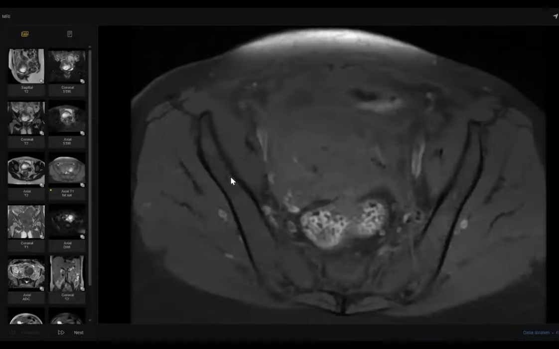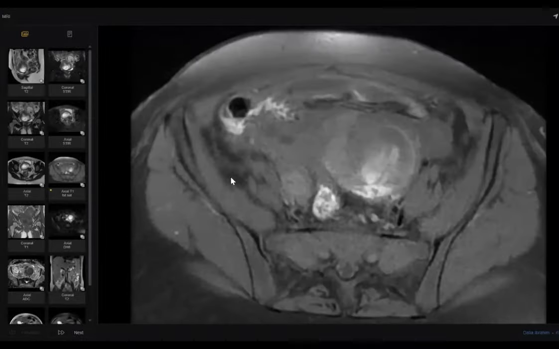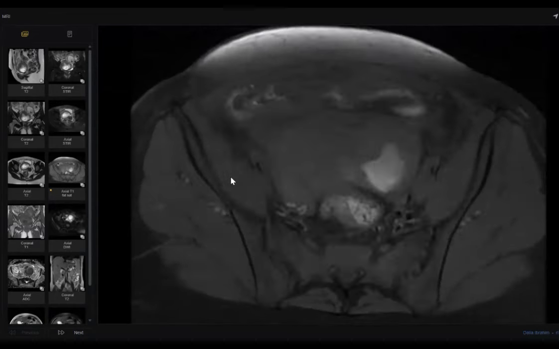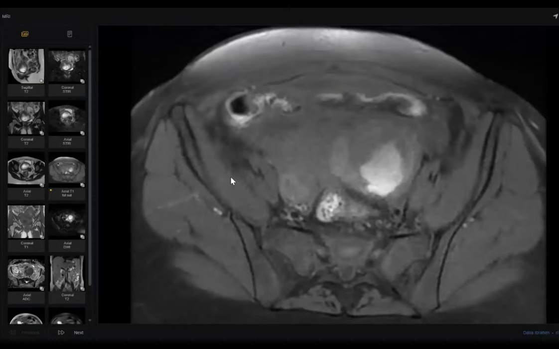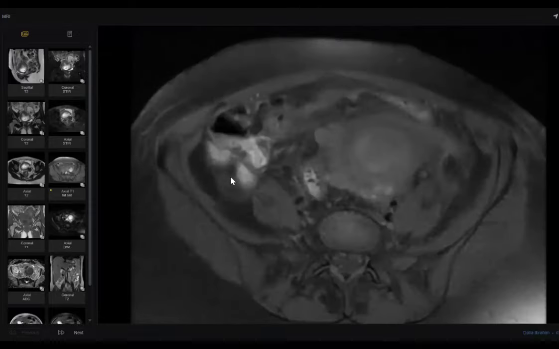So the previously seen cystic lesion in the ovary appears to be high in T1. So it's probably a hemorrhagic cyst. I think this is an emergency, so I would convey my findings to the gynecological team for the management.